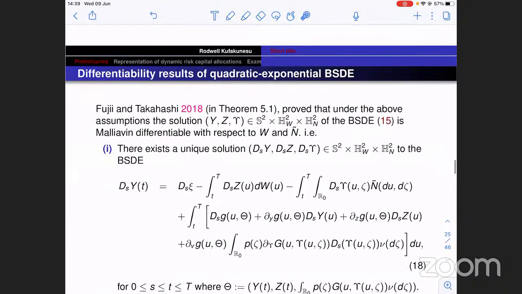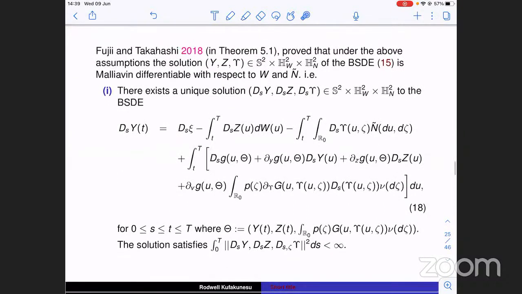So at the end of the day, we arrive at this: there exists a unique solution which is differentiable like this. And our process will then be like this.